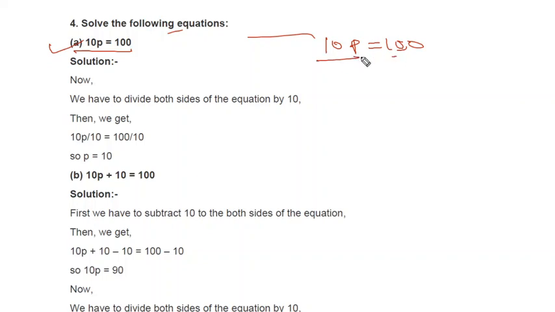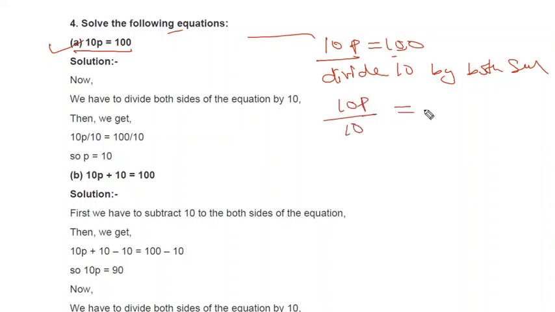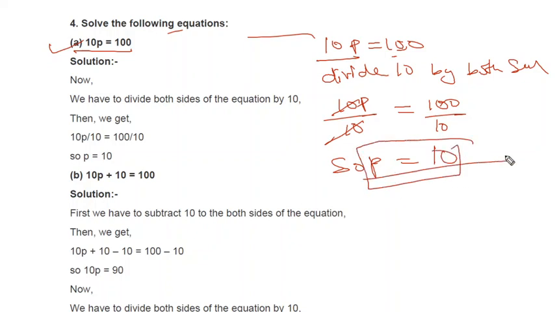We'll divide 10 on both sides. 10p divided by 10 is equal to 100 divided by 10. Now 10 cancels. So p will be equal to 100 by 10 equal to 10. So p equals 10. So easy solution it is.